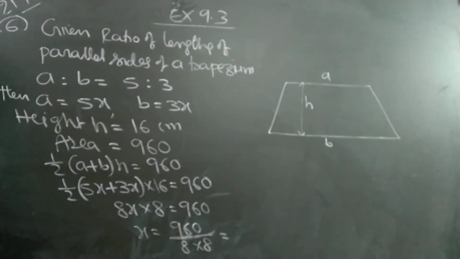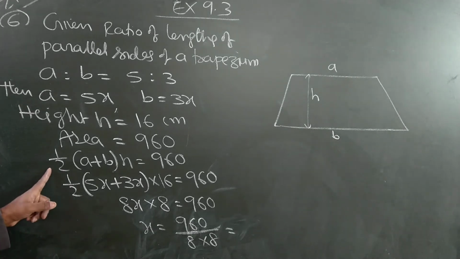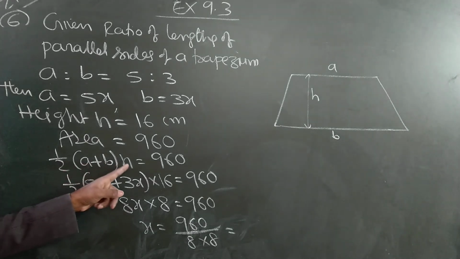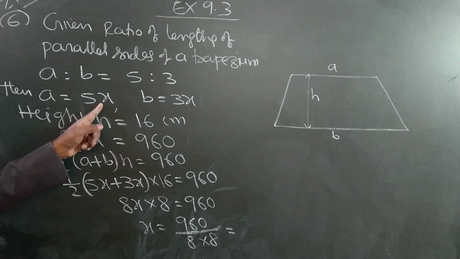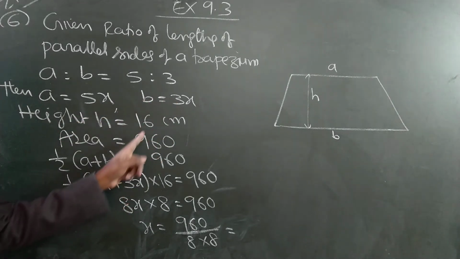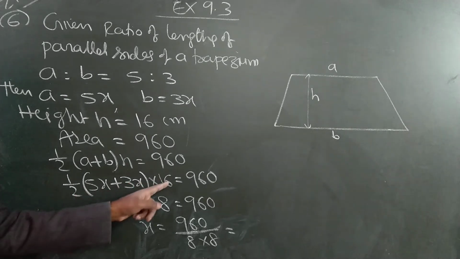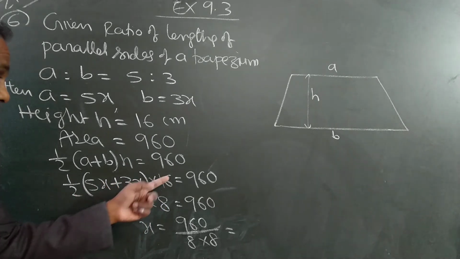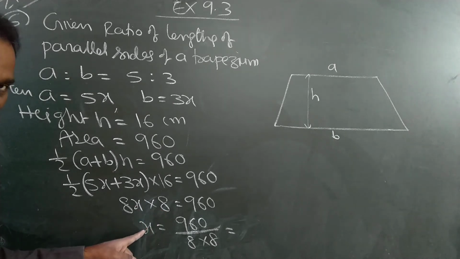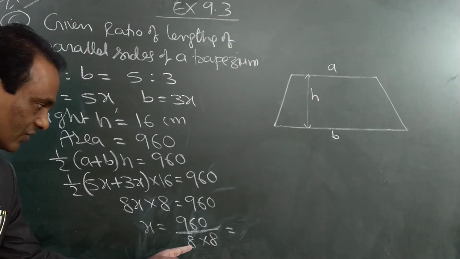So how much? See here. The area of trapezium formula is half A plus B into H, and it is given as 960. Half, A is 5x, B is 3x, H is 16. 5x plus 3x is 8x, into 8. To find the x value, we take 8 to the right side in the denominator.